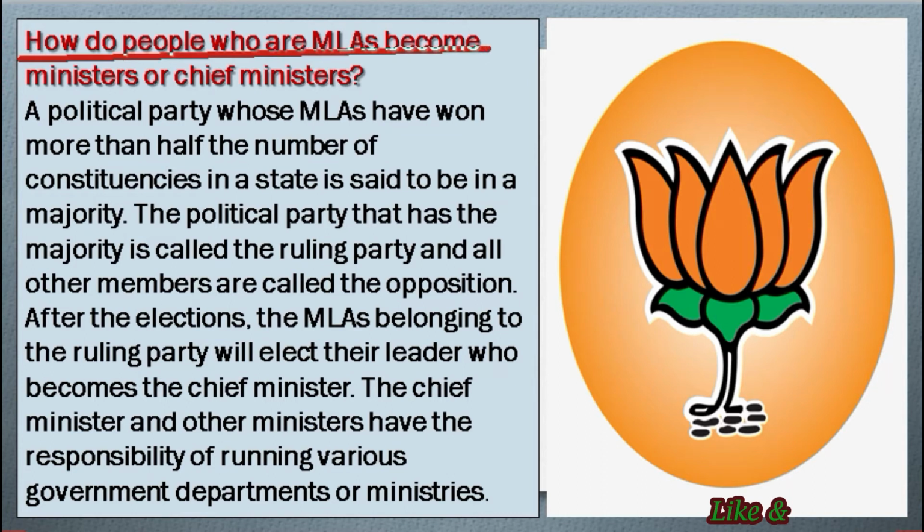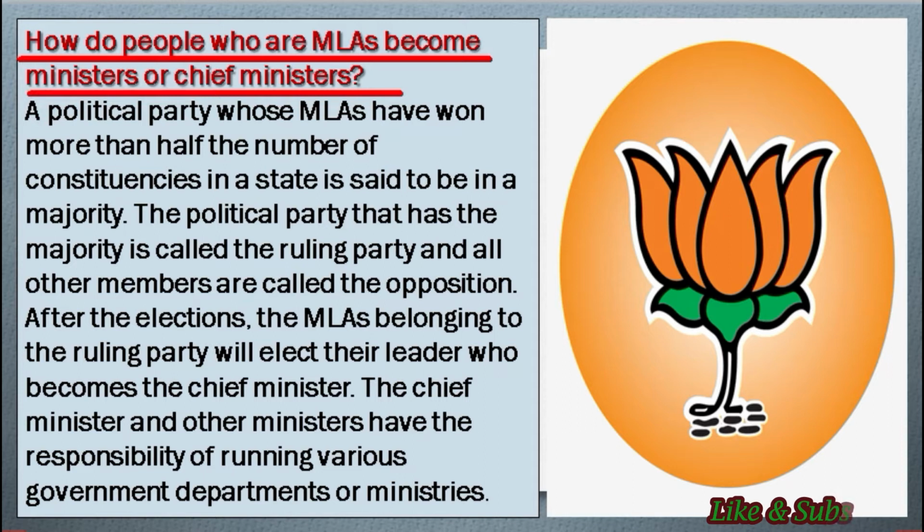Now students, here is a question: how do people who are MLAs become ministers or chief ministers? Students, as I said earlier, a political party whose MLAs have won more than half the number of constituencies in a state is said to be in a majority.